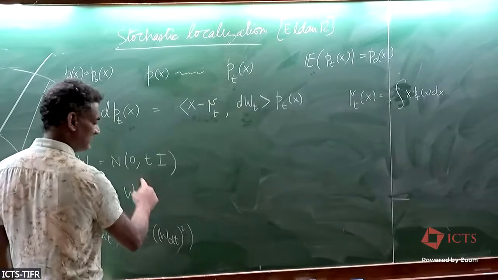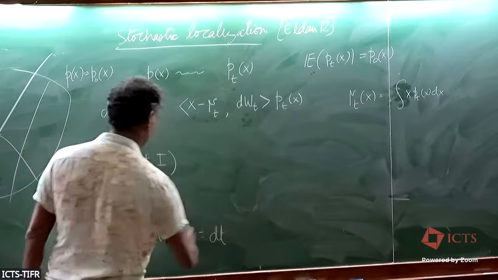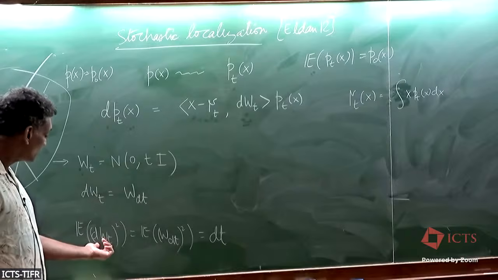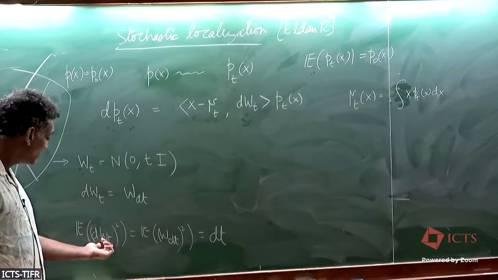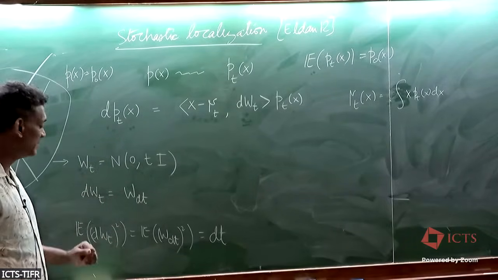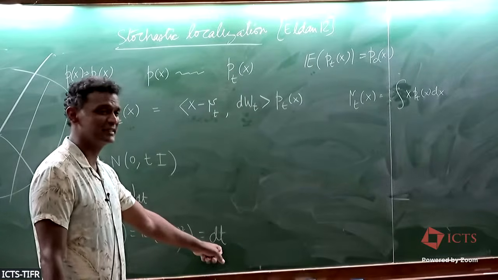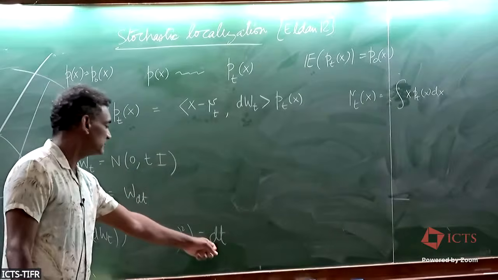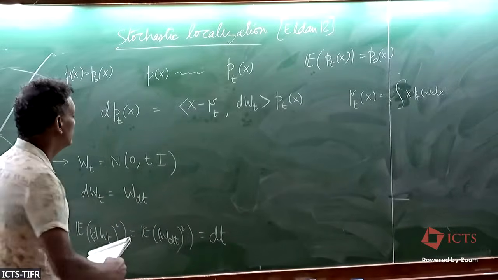W dt is this Gaussian, so this is dt. So this is a useful thing to keep track of. The square of this Brownian increment, this random increment, is proportional to the time. It's the variance.